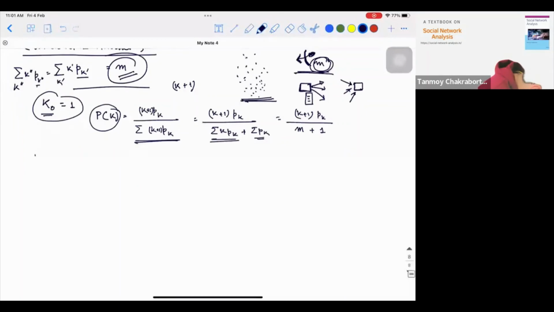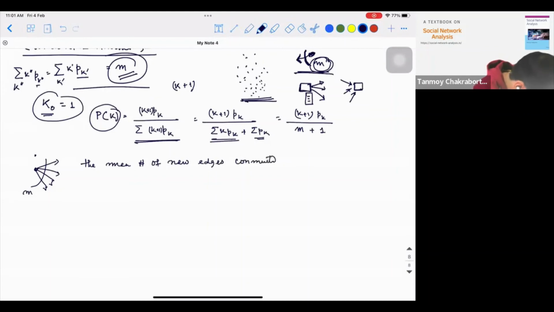Once a particular node with degree m has arrived, the mean number of new edges connected to degree k nodes will be what? p into m into pk, because m number of nodes will be affected and there are pk fraction of nodes with degree k, right?